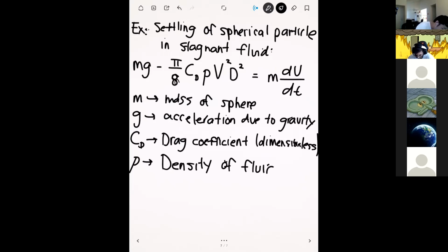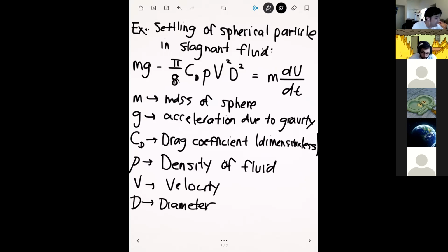Next we have V. V is velocity. And D is diameter.